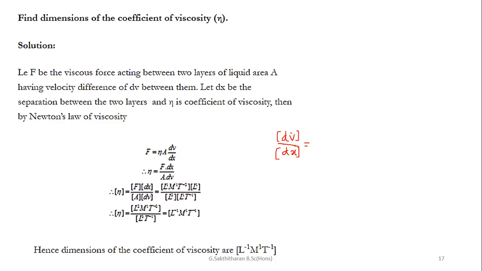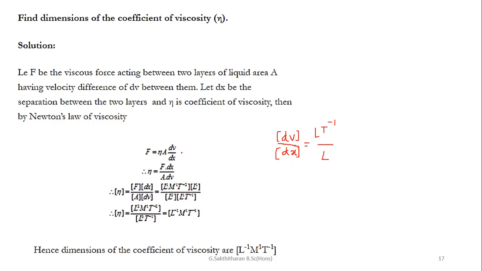That is the meaning of dV over dx, the change of velocity over a change of distance. So LT^-1 over L. Here A is area.